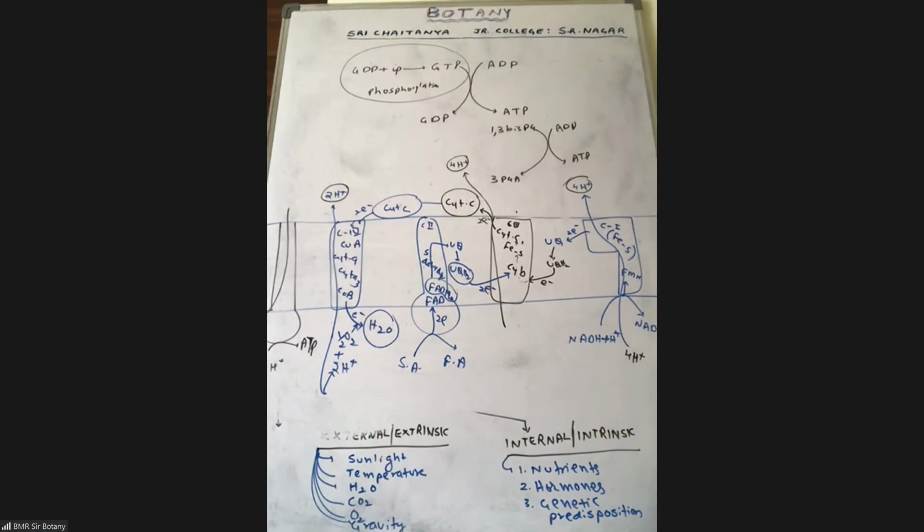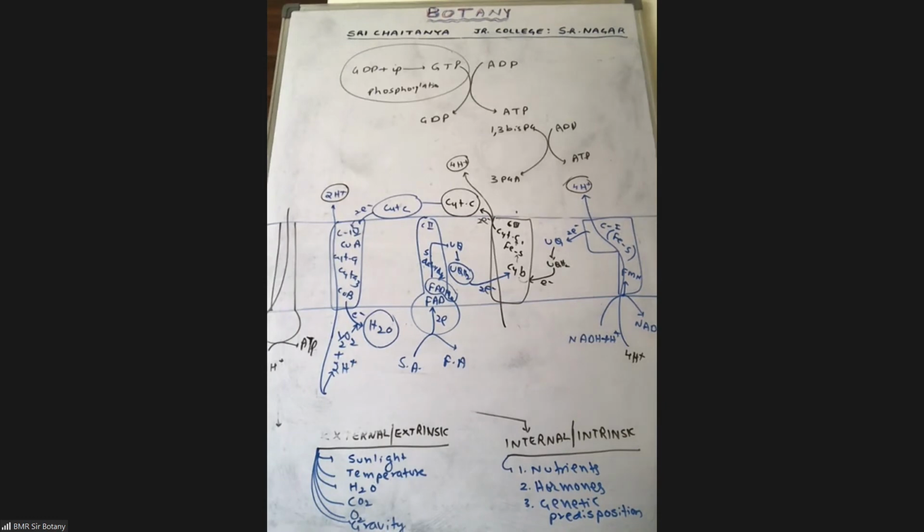How many decarboxylations are in TCA cycle? 2. Of course, each glucose gives 2 turns, so 4 will occur, but we take it as 2 decarboxylations. That they occur twice is a different thing.